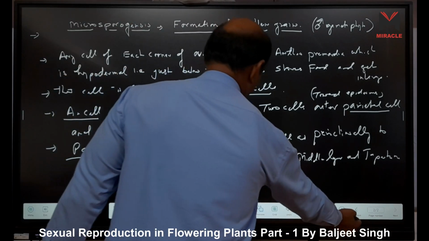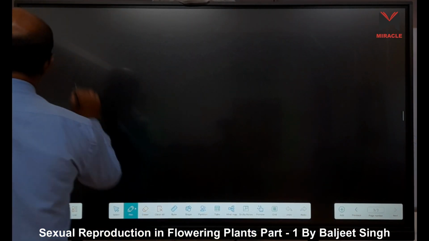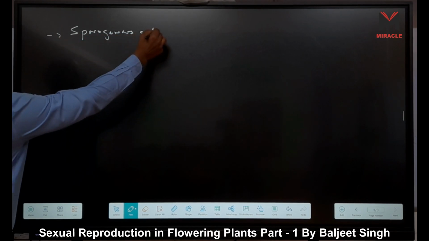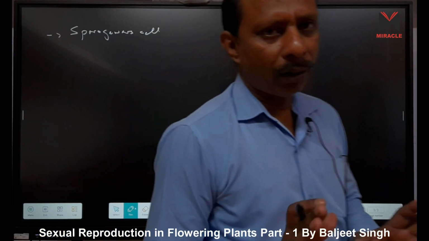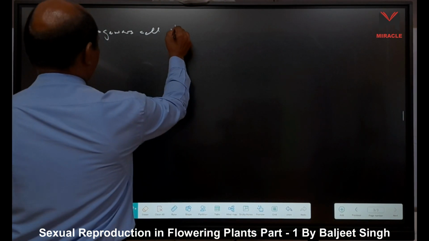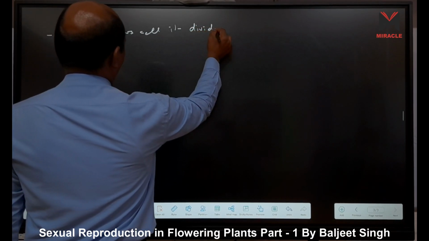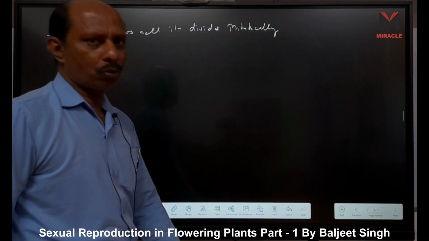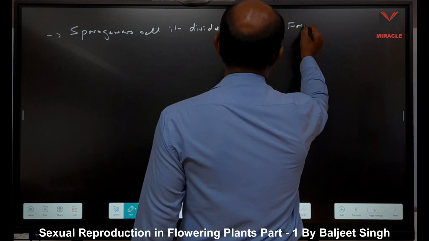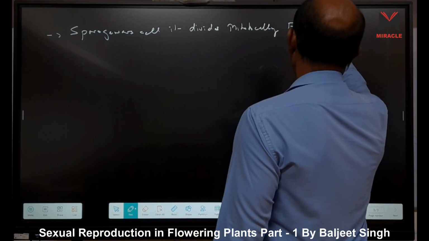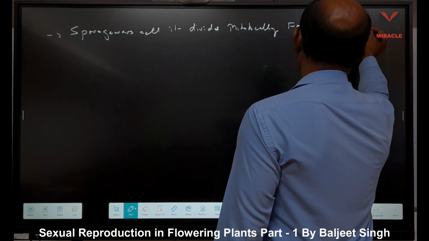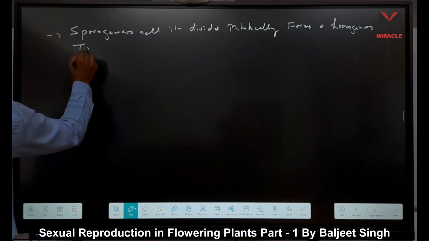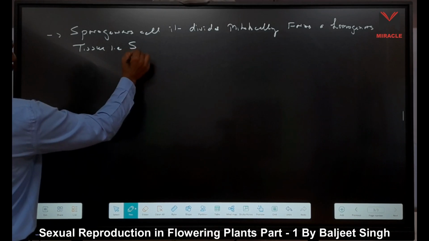Now the second one is our sporogenous tissue. The sporogenous cell divides mitotically, through mitosis, and forms a homogeneous tissue, meaning the same type of cells, that is sporogenous tissue.